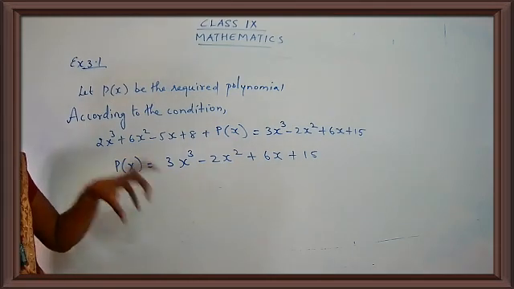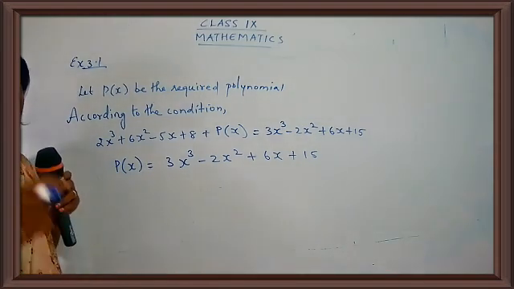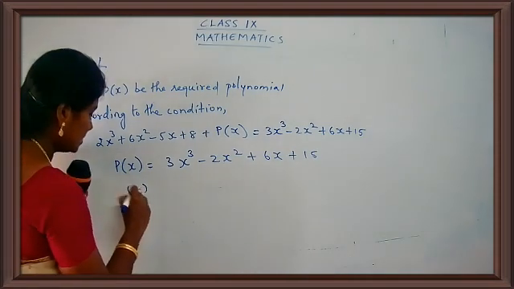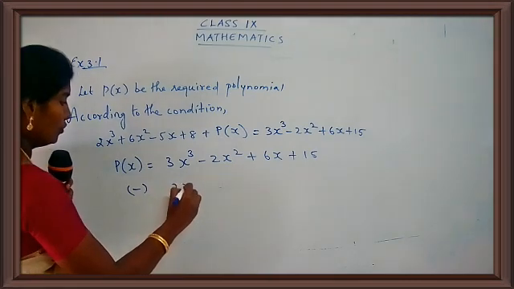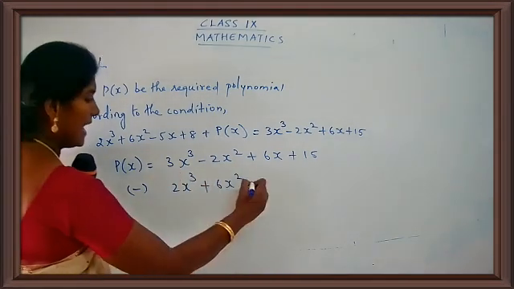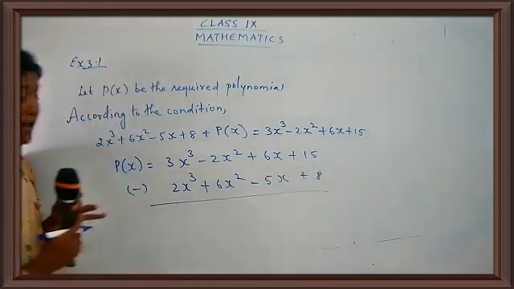It's better you think that you are going to do the subtraction, because when you do the subtraction, only then you change all the signs. So you write down here minus of, the polynomial as it is, 2x cube plus 6x square minus 5x plus 8. I have just written down the statement, and now you are going to do the subtraction.